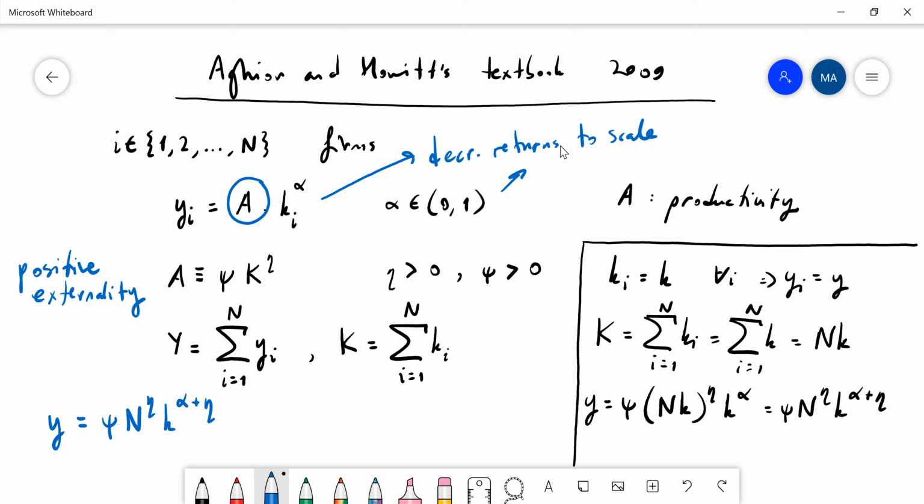Depending on the size of this externality, eta, we could have decreasing returns to scale, constant returns to scale, and increasing returns to scale. Okay, so when we put the positive externality in this particular way, then we have three options. The model is now much more general in that particular sense, right?